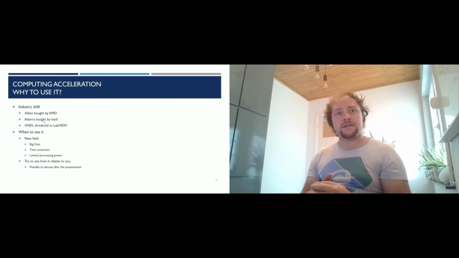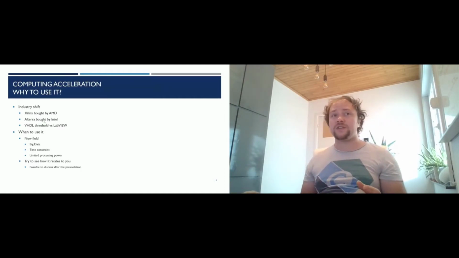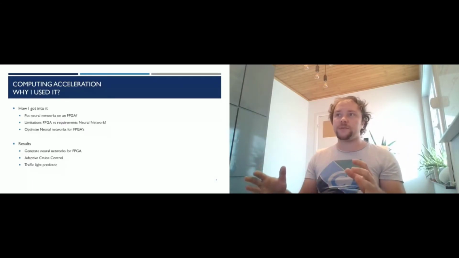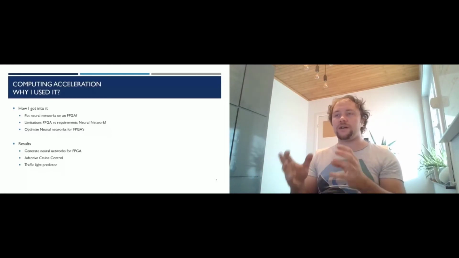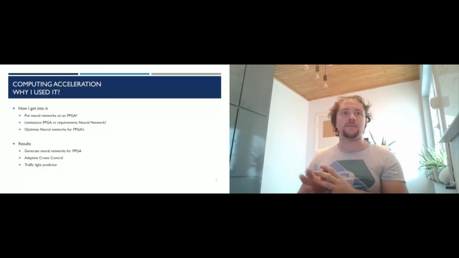After that, I started thinking, okay, now that I know these limitations, I found workarounds. How can I optimize neural networks for FPGAs so that they use fewer resources, so that you can put bigger networks on your FPGA, or use limited resources, a small FPGA, to actually be used by larger networks? How can we split that up?